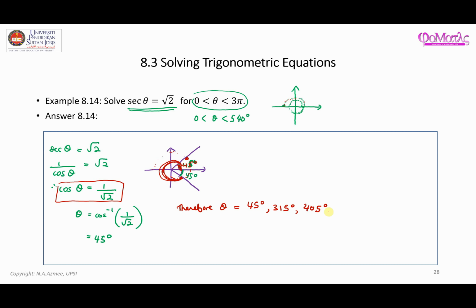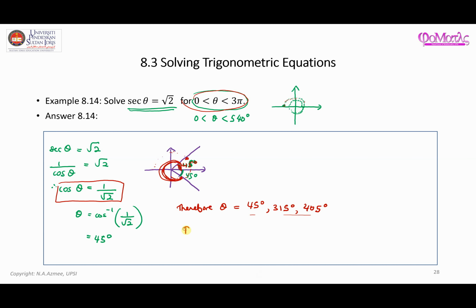Okay, so this is the answer in terms of degrees, and since the range is given in radians, you need to change the value here into radians, and you have learned how to do that in the first subtopic 8.1. So I'm just going to write down the answer here in radians.